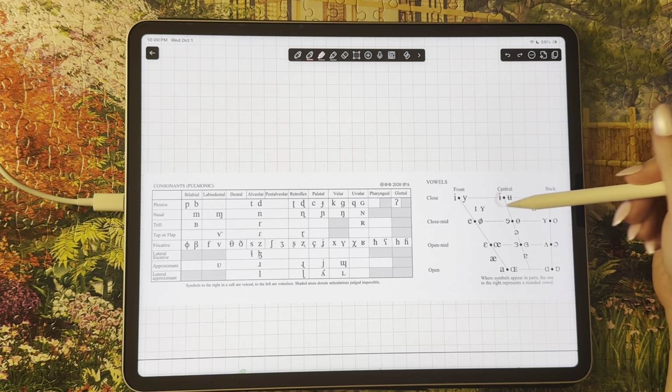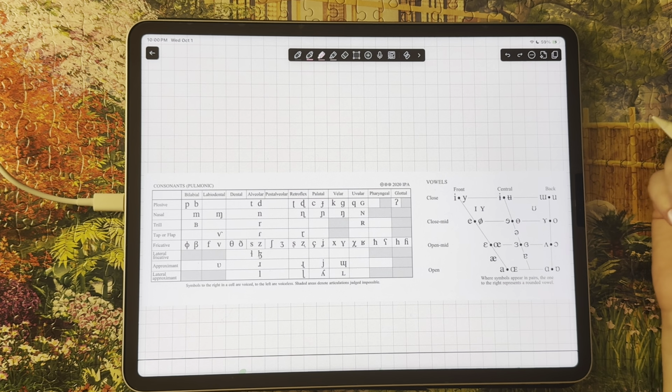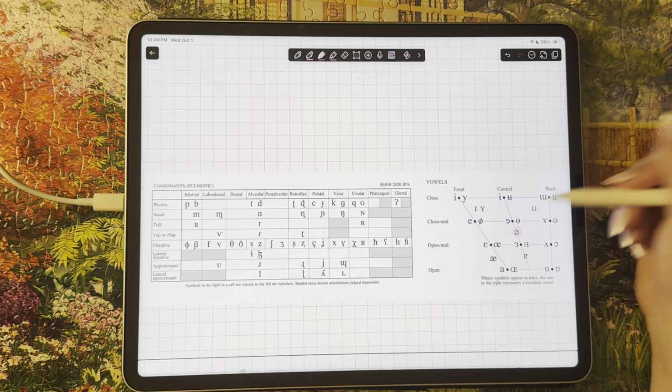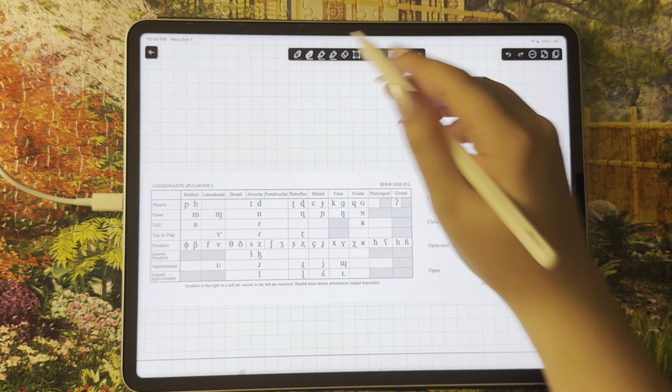And I'm not sure about these, honestly. But I do know that this one is a schwa, like that.